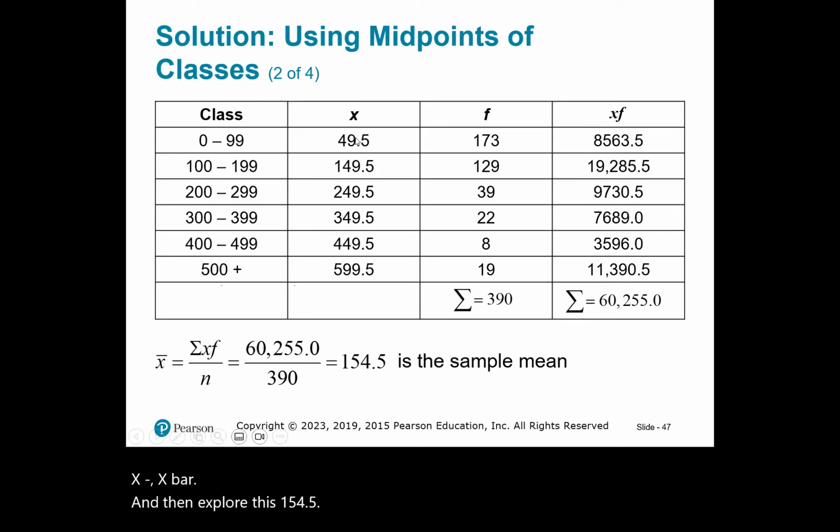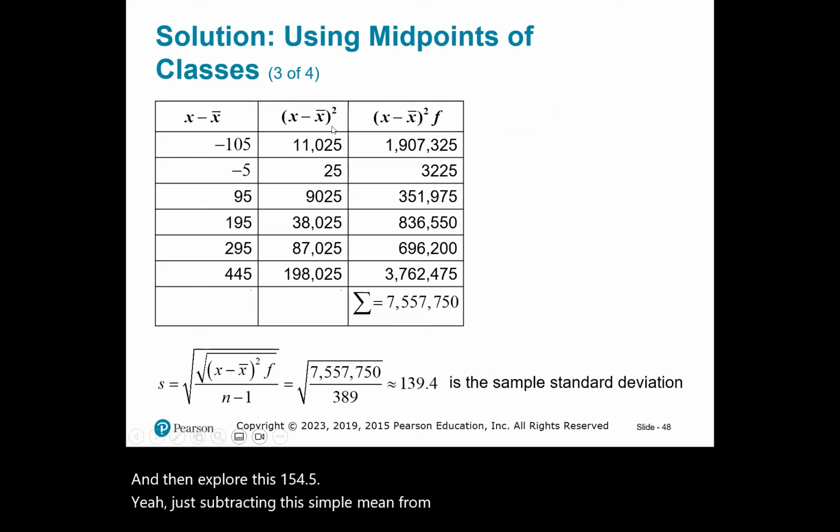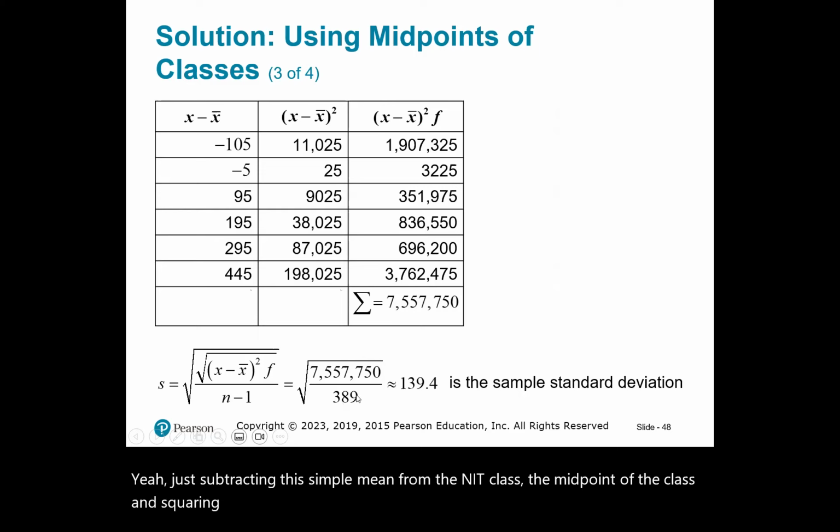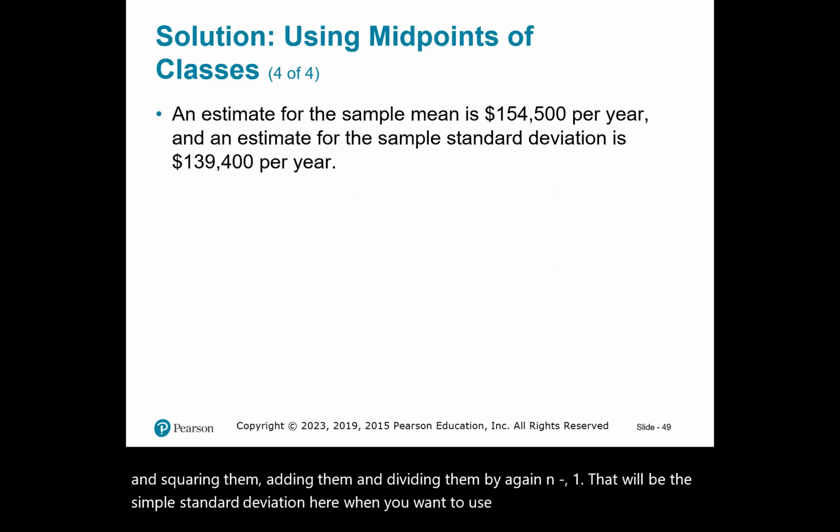They subtract this sample mean from the midpoint of the class, square them, add them, and divide by again n minus 1. That will be the sample standard deviation here when you use the midpoints of classes.